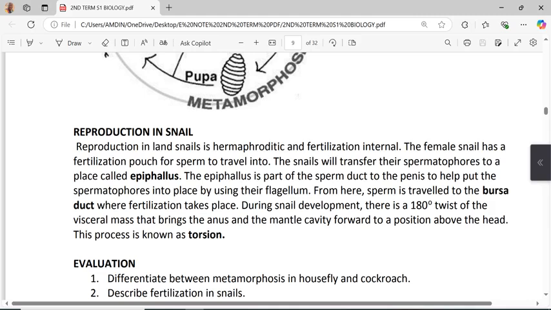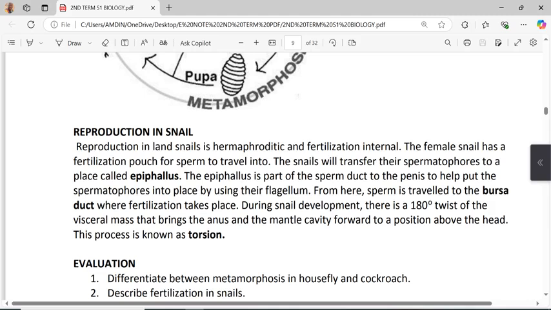The snails will transfer their spermatozoa to a place called the epiphallus. The epiphallus is a part of the sperm duct to the penis to help put the spermatophore into place by using their flagellum. From here, sperm travel to the bursal duct where fertilization takes place.